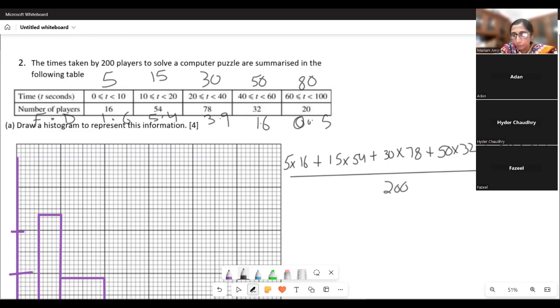Whatever is the result divided by 200 is going to be the mean, which is 32.15. So the mean time is 32.15 seconds.